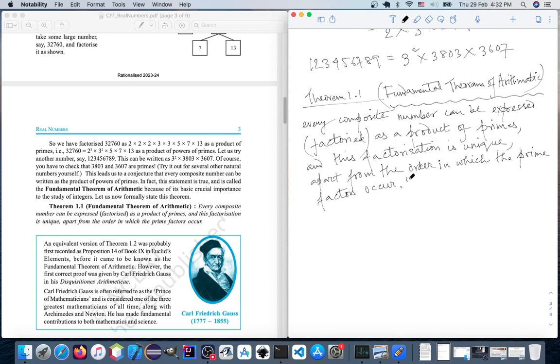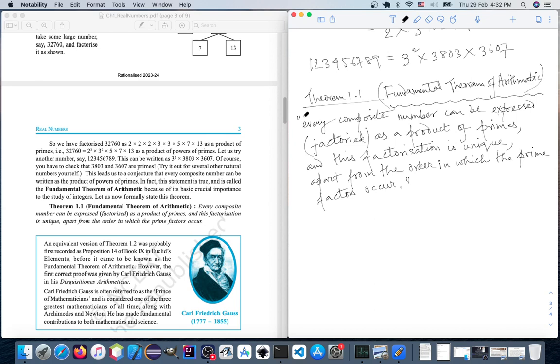This is the formal statement of the fundamental theorem of arithmetic. So what does it say? It says every composite number can be expressed or factorized as a product of some primes. And this factorization is unique, meaning there doesn't exist any other factorization which will have some different primes as a factor. So it will have a unique product of primes, and the order of the primes as a factor does not matter.